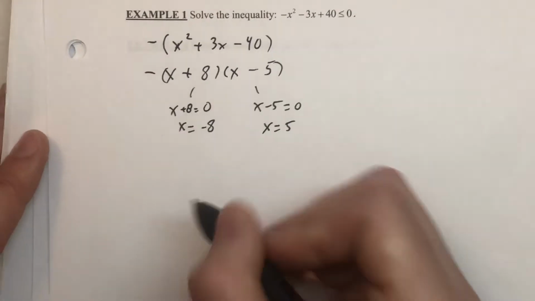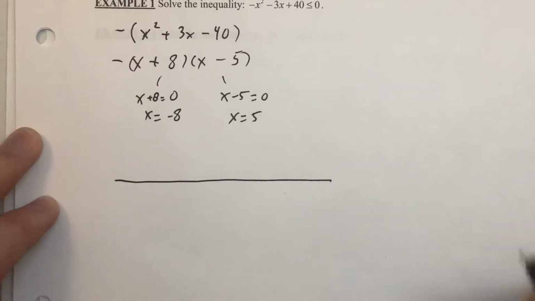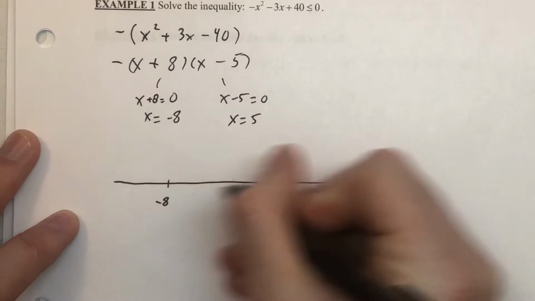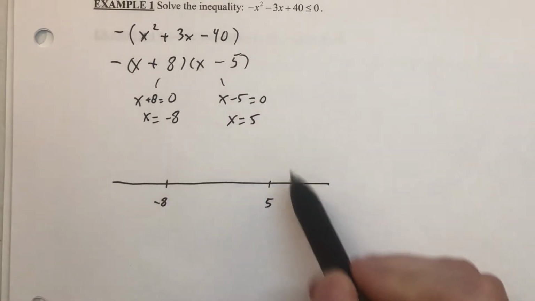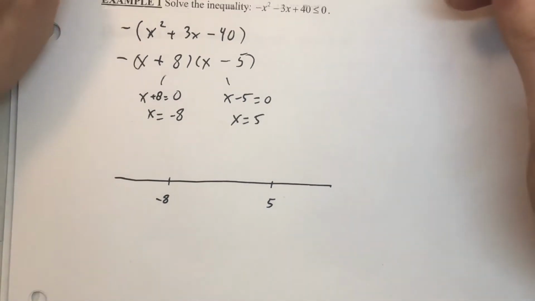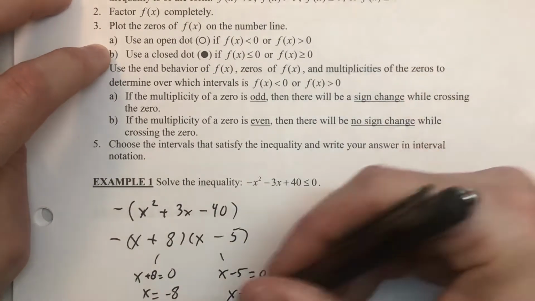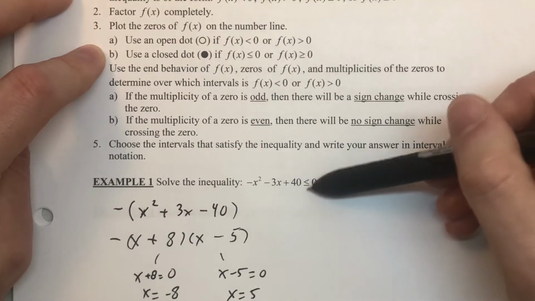So we're saying there's our number line, but I don't need to label all of it. I just need to think about the fact that there are two important points on that number line, negative 8 and positive 5. Now, something up here that I think is useful, talking about what happens at those values. Well, what really concerns us is what we're looking for. We're trying to figure out where the function is less than or equal to 0.